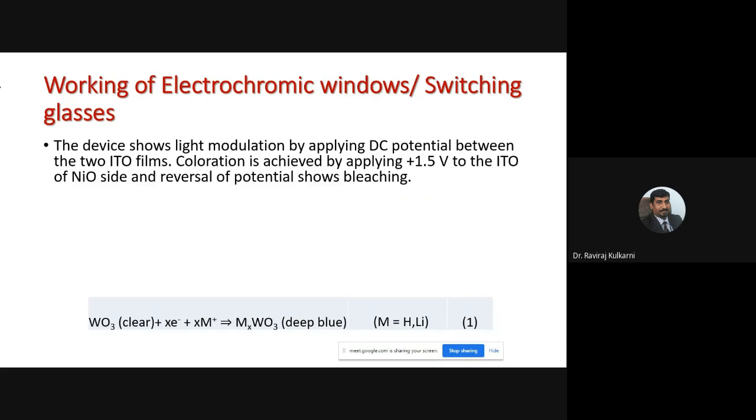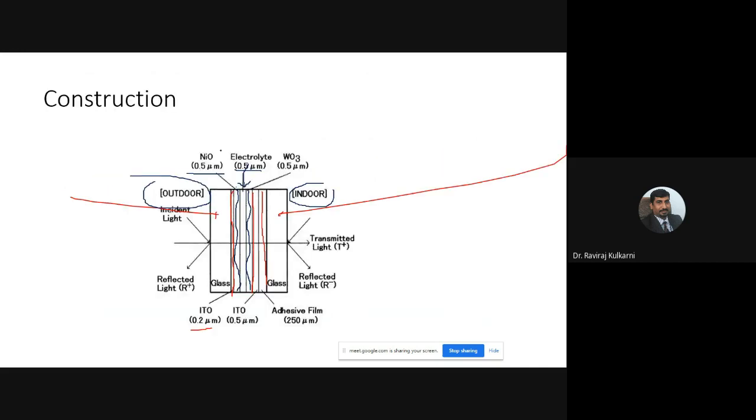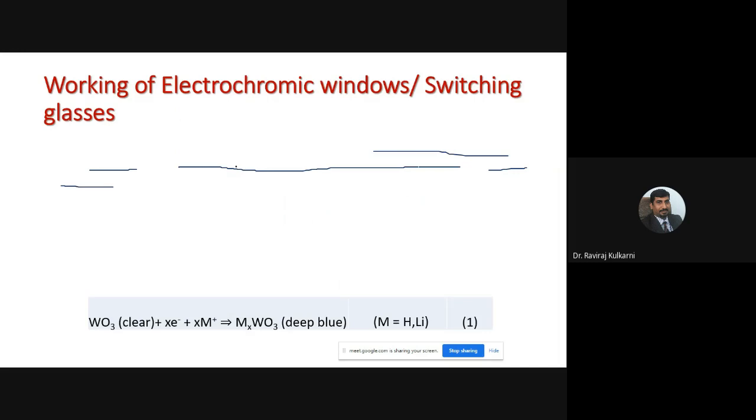So how does it work? The device shows light modulation by applying a DC potential between the two ITO films. Coloration is achieved by applying 1.5 volt to the ITO on the nickel oxide side. When you apply voltage on this side, the coloration takes place.